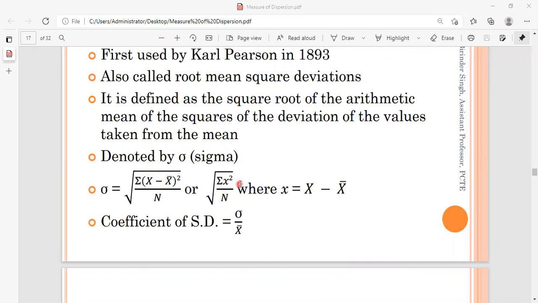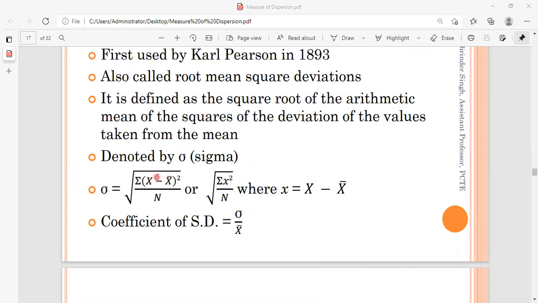This is also written as square root of sigma x squared by n. If we put small x in place of x minus x bar, the formula can be modified as square root of sigma x squared by n.